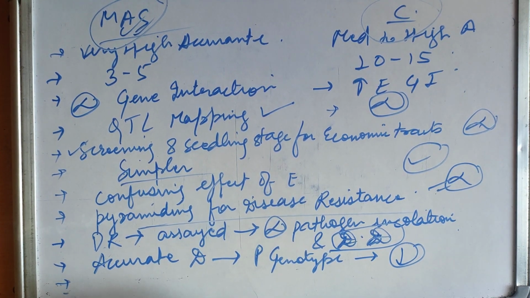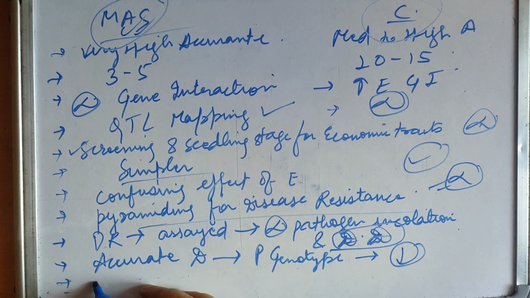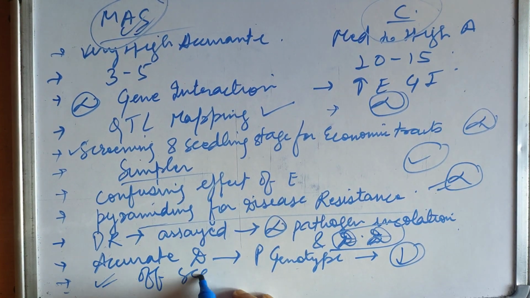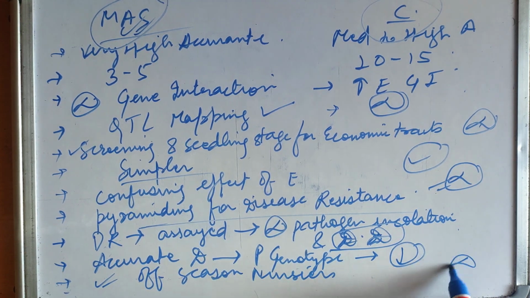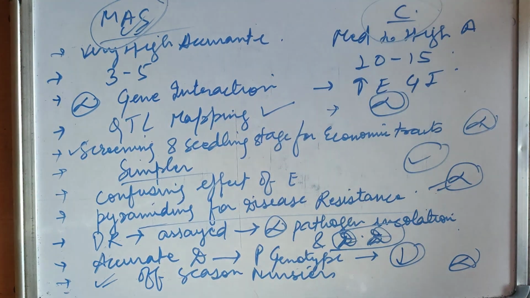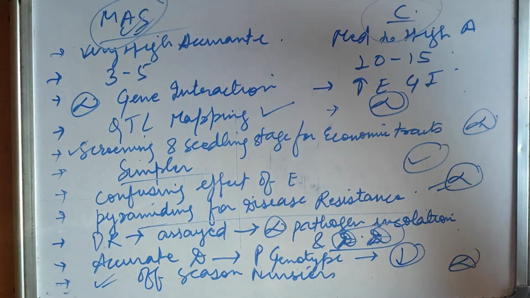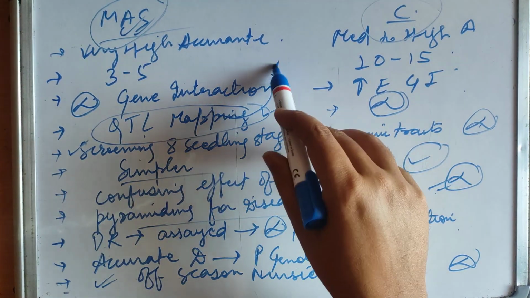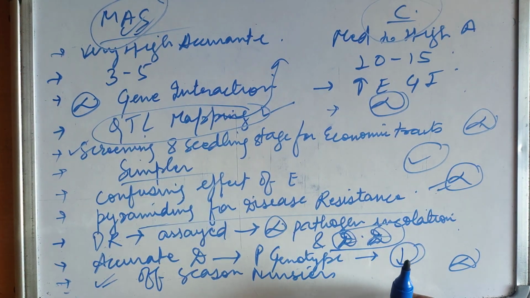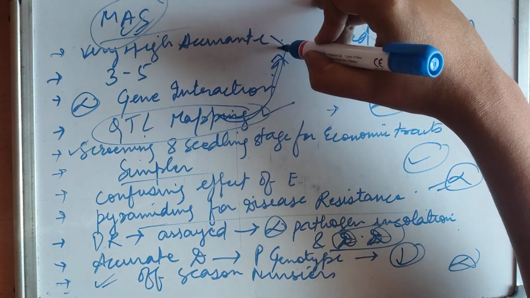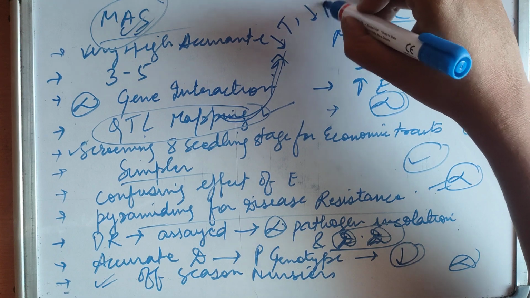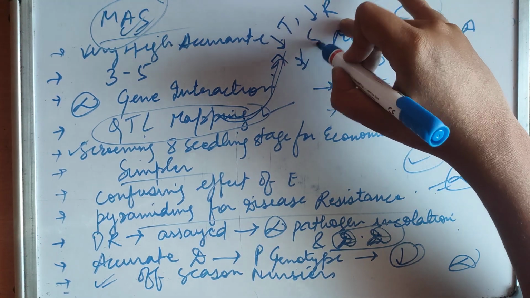MAS can help us in selection in off-season nurseries, but that is very much not possible in conventional types. As you see here, QTL mapping is possible, so it requires much less time, space and resources.